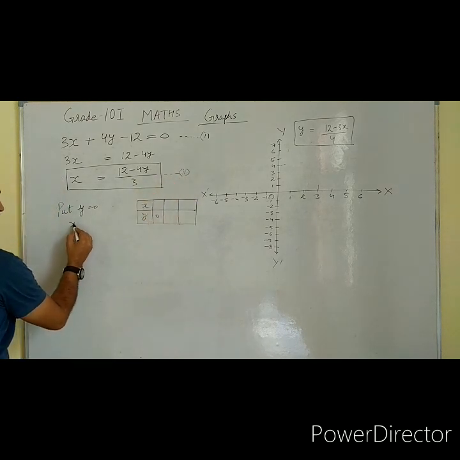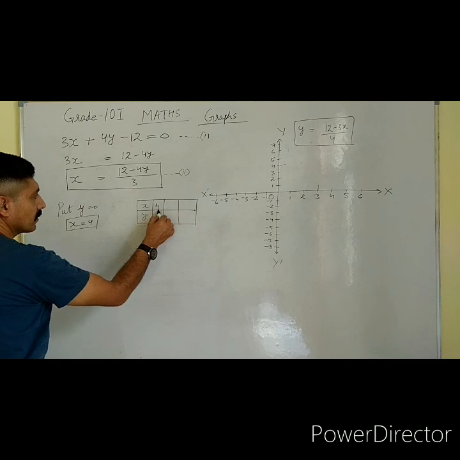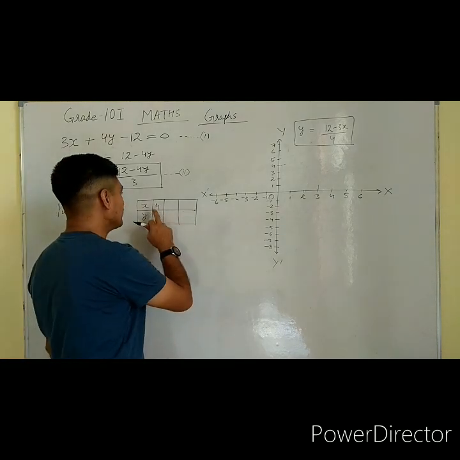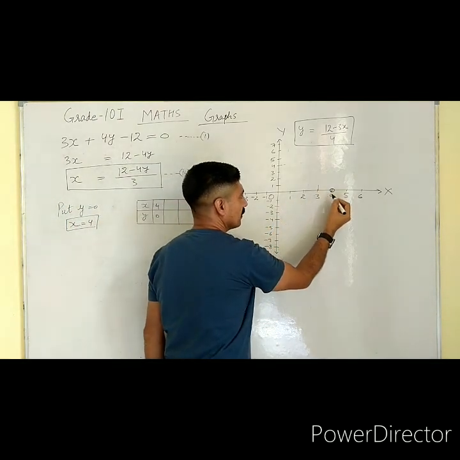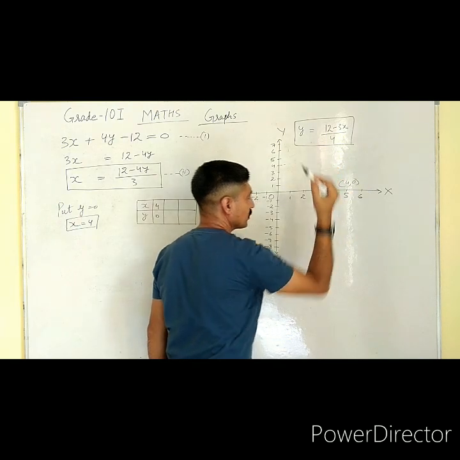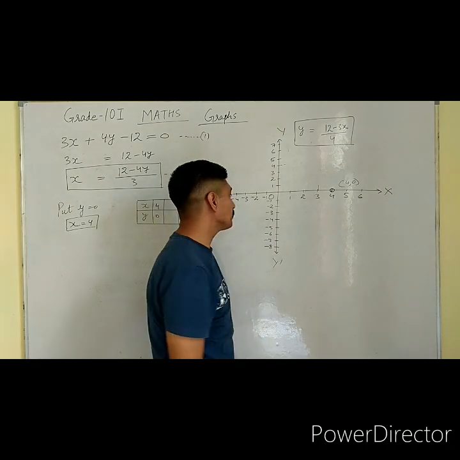So here x is equal to 4, because 12 upon 3 is 4. So we have the first point, that is x is 4, y is 0. This point here is the point where x is 4 and y is 0. On x axis y is always 0.